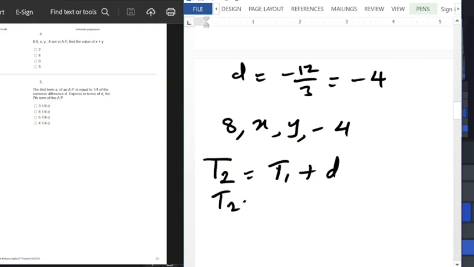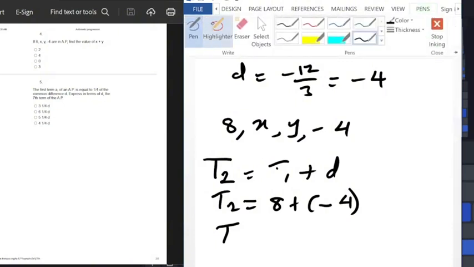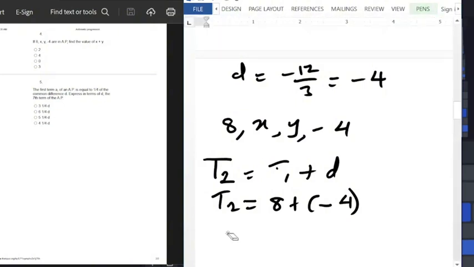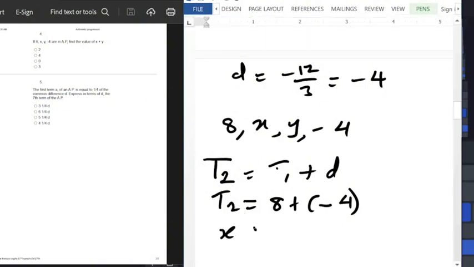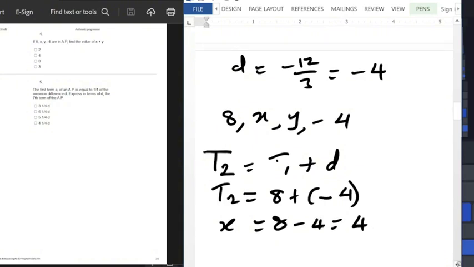So T2 equals T1, which is 8, plus minus 4, since the common difference is minus 4. T2 is the same thing as x, so let's replace it with x. So x equals 8 minus 4, which is 4. So the value of x is 4.